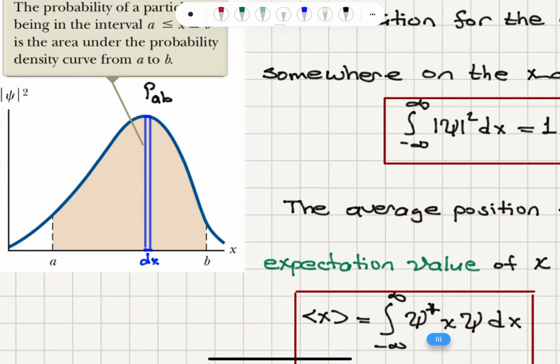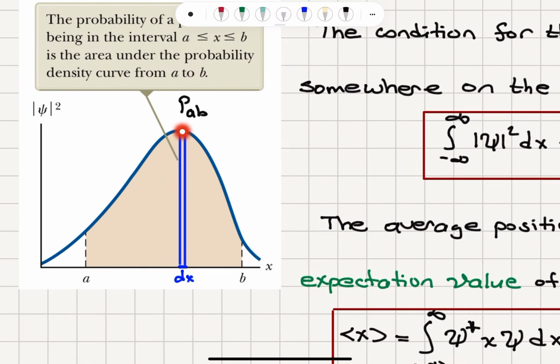And this is basically assuming that the probability density function, absolute value of psi square, does not vary much in this small interval dx. So we can look at the probability of finding the particle in this interval by multiplying it with its value at x, because the variation from x to x plus dx is very small. And then we integrate over all such values.